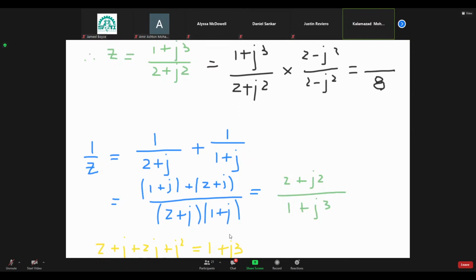And now we multiply all the top, which is 2 plus j6 minus j2 minus j squared 6, which is equal to 8 plus j4. Okay, everybody understand this stuff?